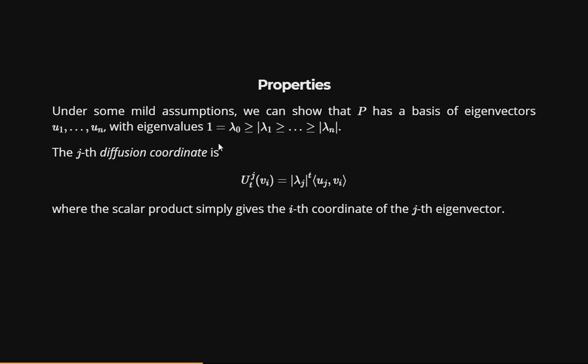And you can define the jth diffusion coordinate, which is the function that gives to every point on the graph the corresponding coordinate of the jth eigenvector times a number which depends on the eigenvalue, which is in fact the absolute value of the eigenvalue to the t.